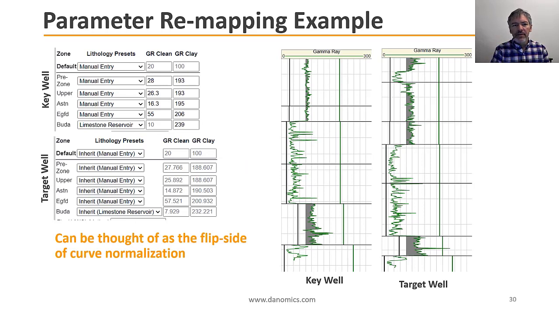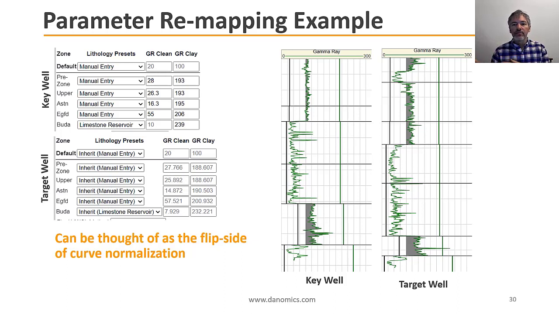So the best way to think about this is to look at an example. So here I have two wells. The well on my left is the one I interpreted. The well on the right is the one that was automatically interpreted via this parameter remapping process. And what I see, for example, is when I look at the Eagleford Shale, I have my clean and clay points at 55 and 206 in the well that I interpreted. In my target well, it has reinterpreted those as 57 and 200.